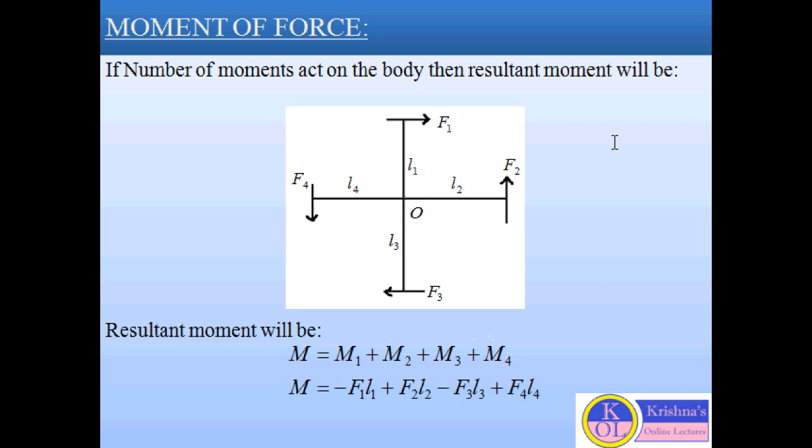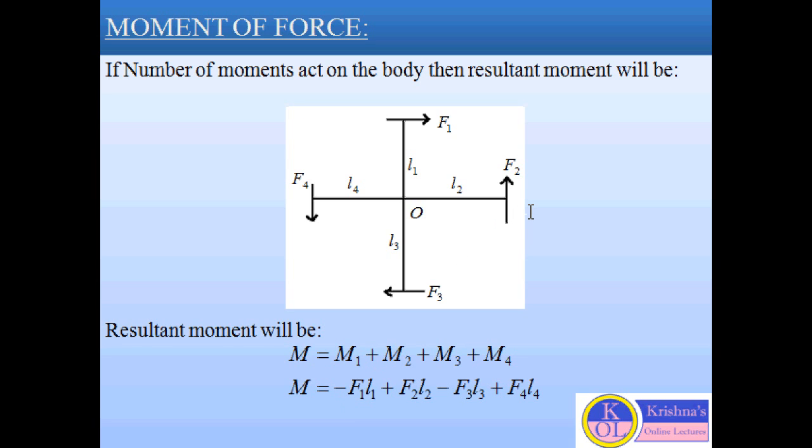For moment M1, according to the previous formula, M1 will be the product of F1 into L1. But we have to consider direction also. For sign convention, the direction of F1 is clockwise, so the sign will be negative. So M1 will be minus F1 into L1.